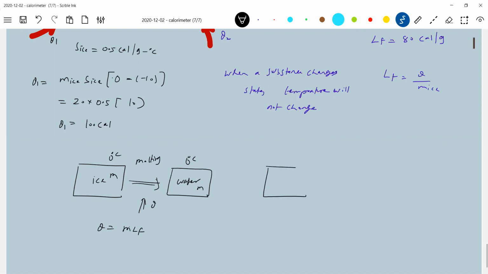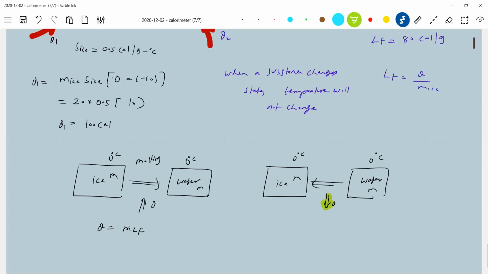Similarly, water at 0 degrees Celsius, for it to become ice at 0 degrees Celsius, you have to take out heat. The heat has to be extracted.